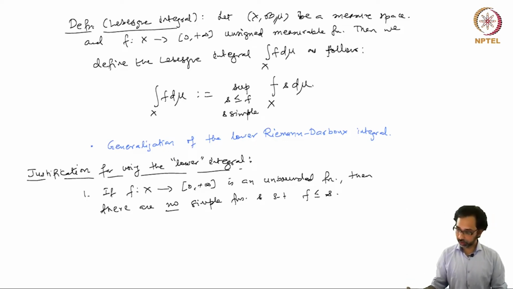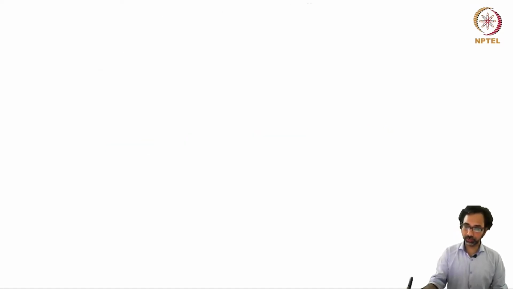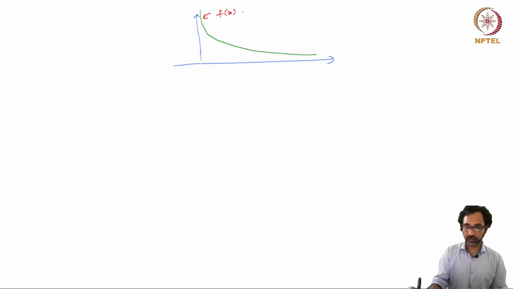We can see this, for example, on R. Let's say that we define our function only on the positive part, and say that f is unbounded near 0. So this is our f(x), which goes to plus infinity near 0.